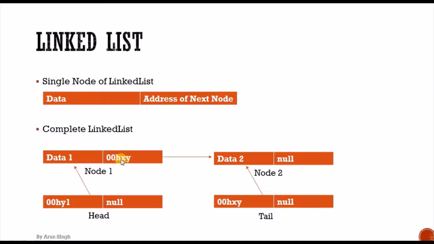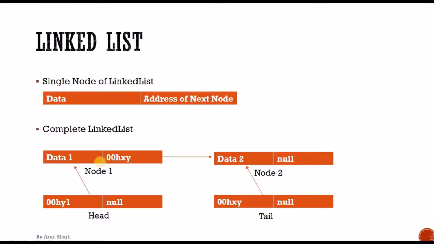If it is a single element, that is, this node is keeping the address of only one node, then it is called a singly linked list. If here we have two address nodes, one address node, second address node, then it is called a doubly linked list. In the case of a doubly linked list, you have a data node and here you again have an address node which will keep the address of node 1.